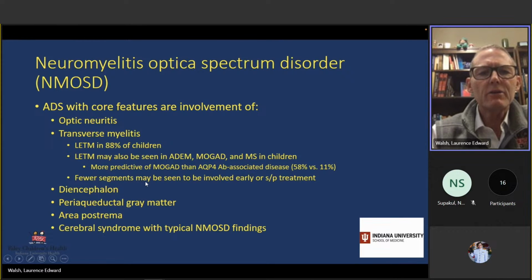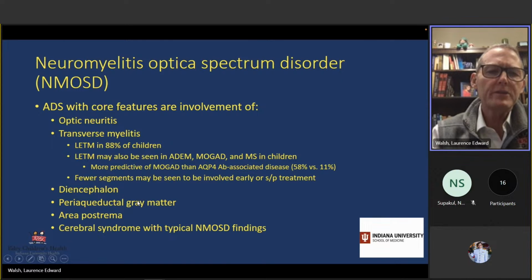One thing is that there are reports out where you'll see if it's very early, or if they've been treated with high-dose steroids, sometimes the segments don't look as extensive as they may have looked at the worst. That's something to think about. So the other hallmarks, though, are you can have diencephalic involvement, periaqueductal gray involvement, or area postrema. So these all have distinct clinical syndromes, or you could have cerebral syndrome with more typical findings.